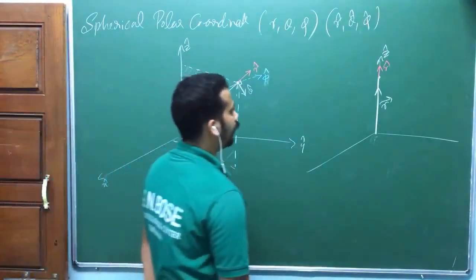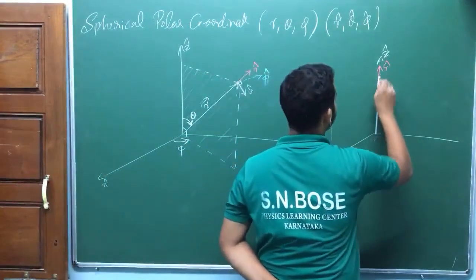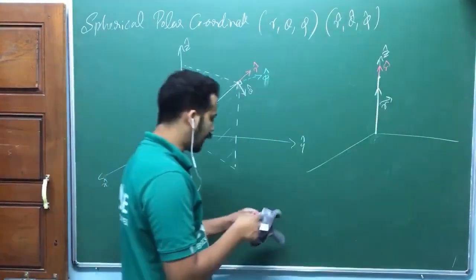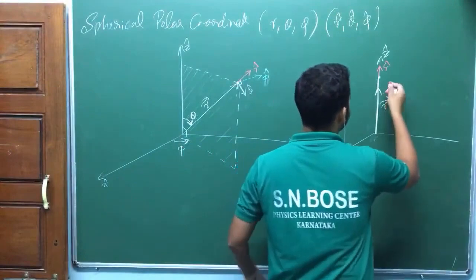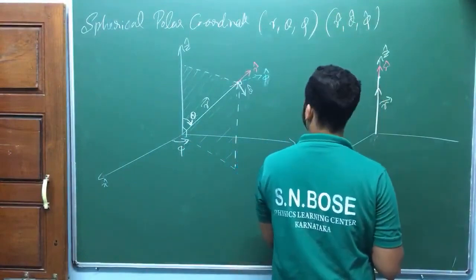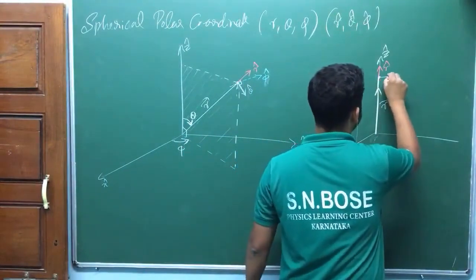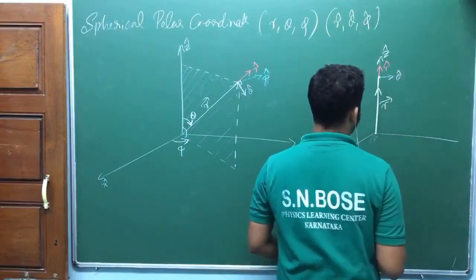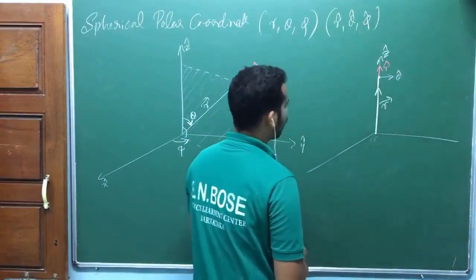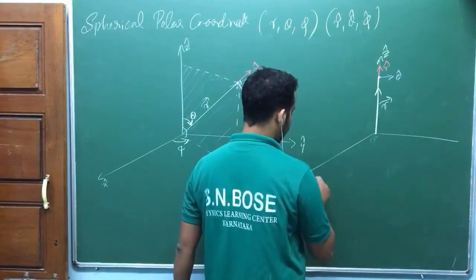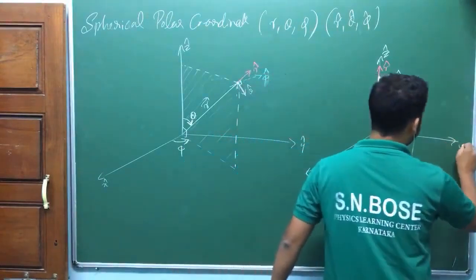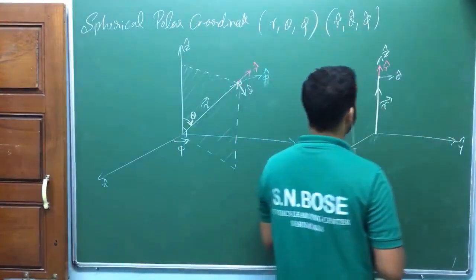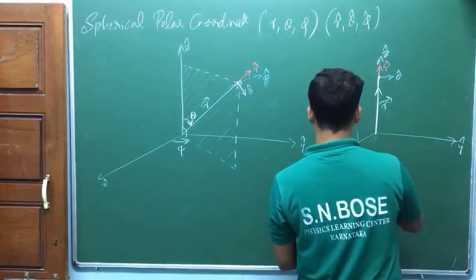So suppose if you take a point on the z axis, if you take R cap like this, your theta cap would be like this actually. If R cap is like this, theta cap is like this, this is x cap, y cap, z cap. The direction that is along minus x cap.